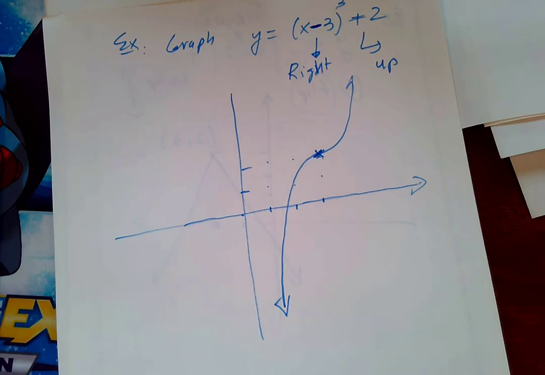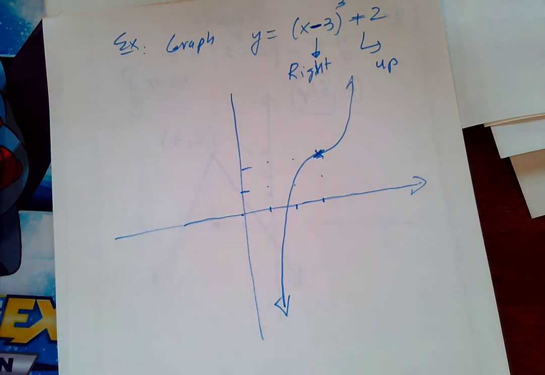Okay, now let's look at some examples from your textbook. Page 639, number 24. It says find domain and range of each function.